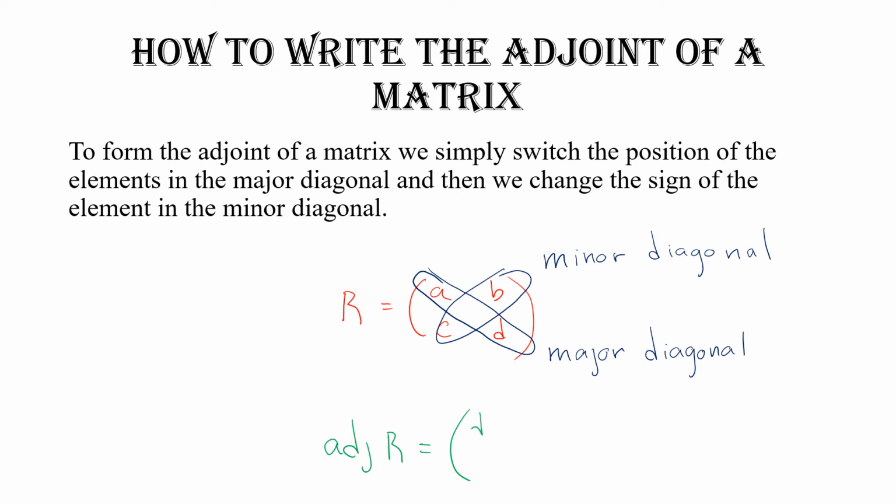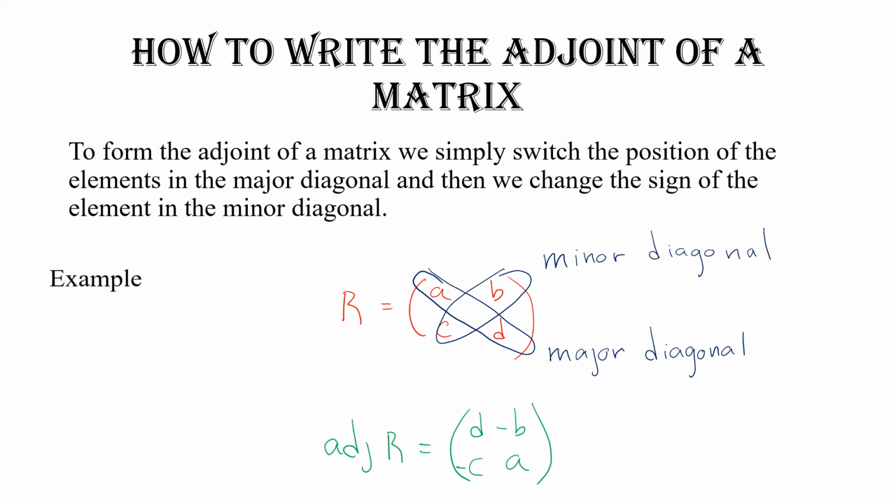So this will end up being D, A, and then for the minor diagonal, you just change the sign. So C will become negative and B will become negative. And I repeat, you change the sign. So if it was negative, when you find the adjoint, guess what? It will become positive. That's all there is to it.